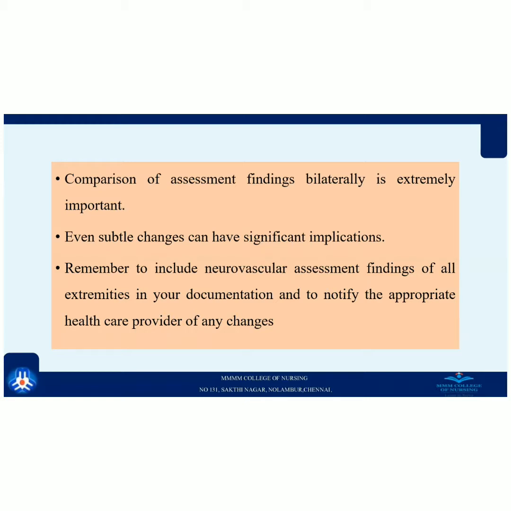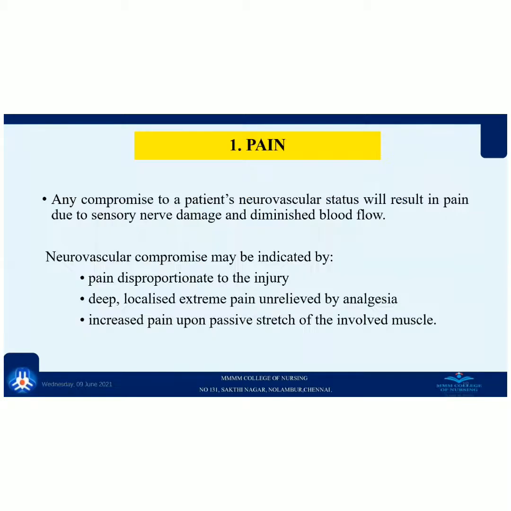First, we'll look into the first component, that is pain. Any deterioration in the neurovascular status of the patient will be manifested as pain due to sensory nerve damage and diminished blood flow.